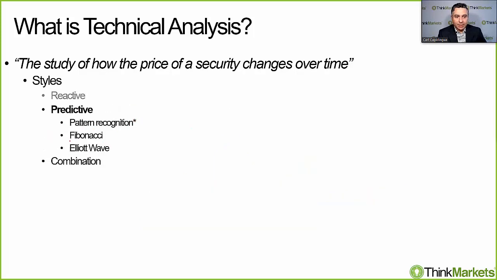Other methods of predictive technical analysis: Fibonacci, Elliott wave, and these are really pure predictive models where we are, for example, picking a top or a bottom in the market. So not just looking at areas of support or resistance, but actually trying to find the top.